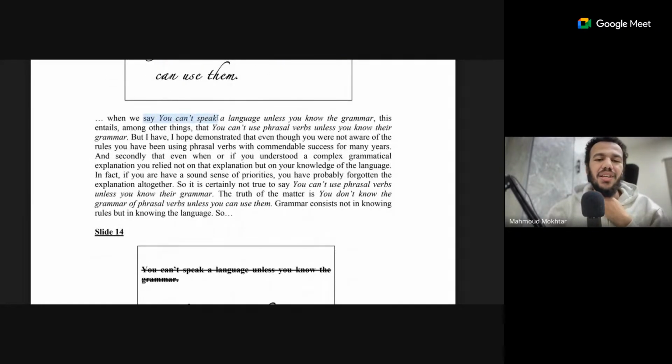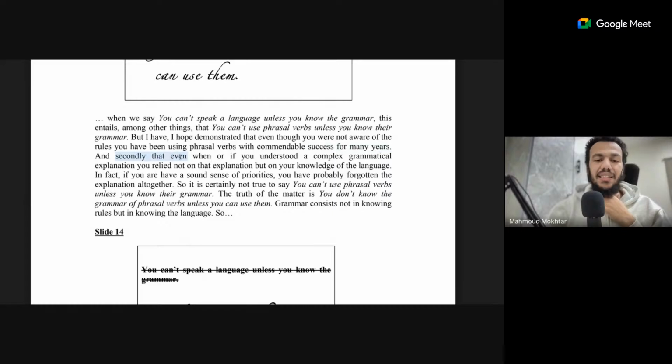When you say you can't speak a language unless you know the grammar, this entails, among other things, that you can't use phrasal verbs unless you know their grammar. But I hope I demonstrated that even though you weren't aware of the rules, you have been using phrasal verbs with commendable success for many years.